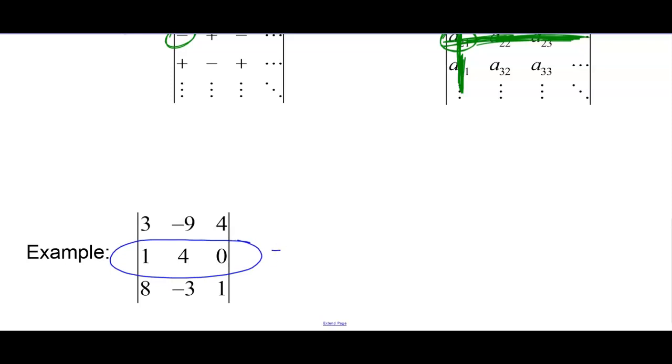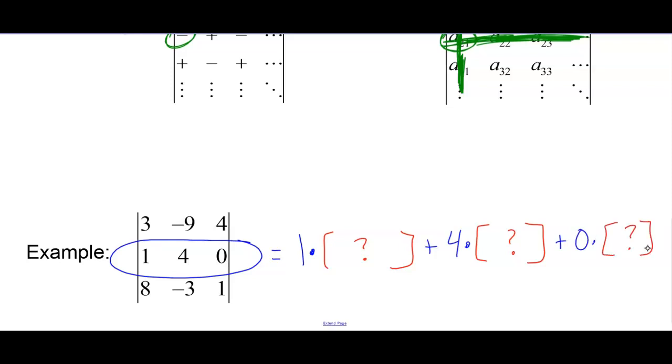According to our rule, the answer here is going to be 1 times some kind of cofactor, so something's going to go in here, plus 4 times some kind of cofactor, something's going to go in there, plus 0 times some kind of cofactor, and something's going to go in there. And you can already see that because of the way this works, zeros are kind of nice.